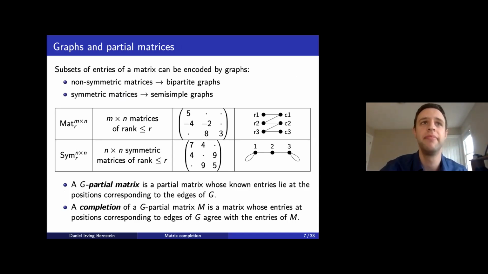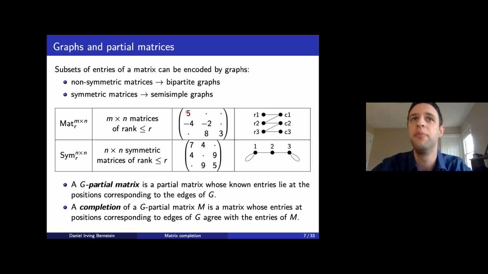Here's how you do it. If you're looking at subsets of entries of a non-symmetric m by n matrix, you can do this with a bipartite graph. You have a partite set of vertices that represent your rows and a partite set of vertices that represent your columns.